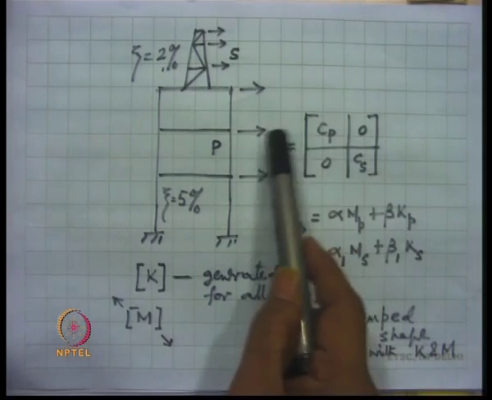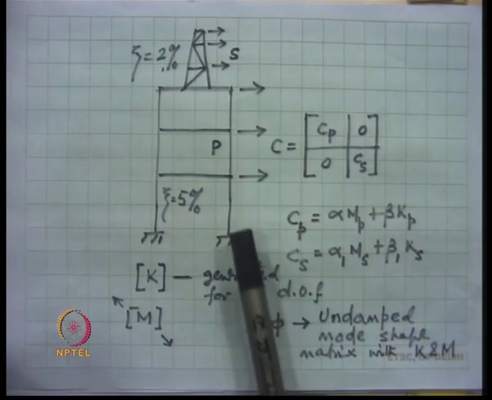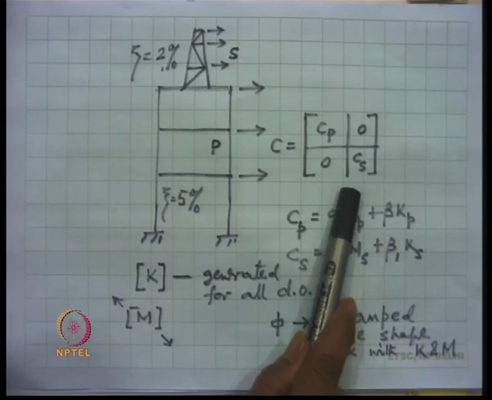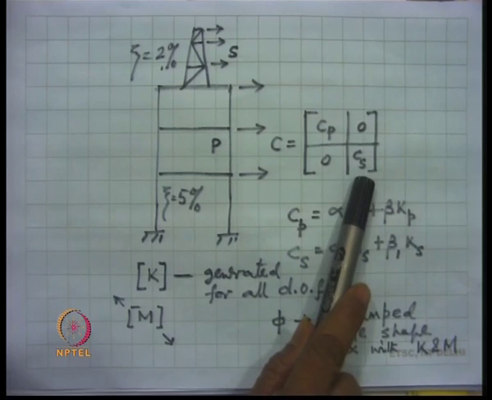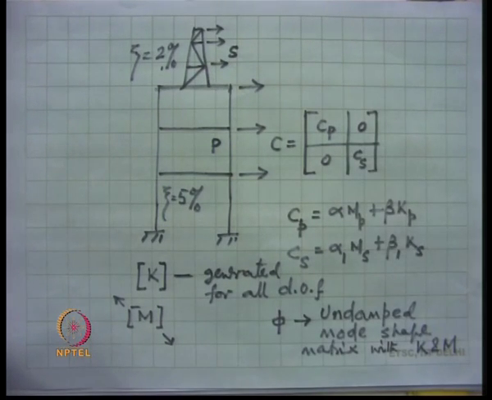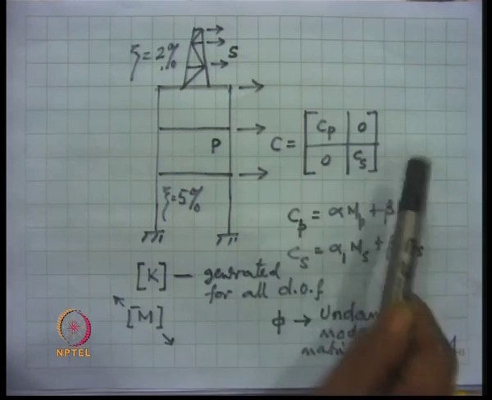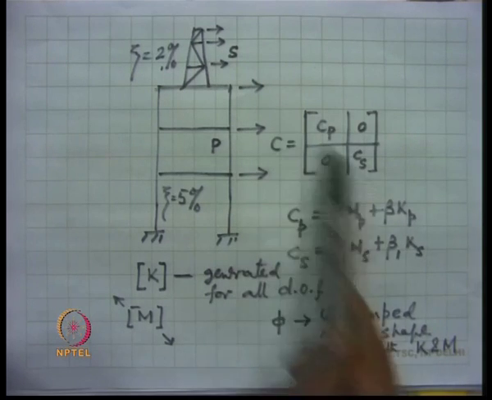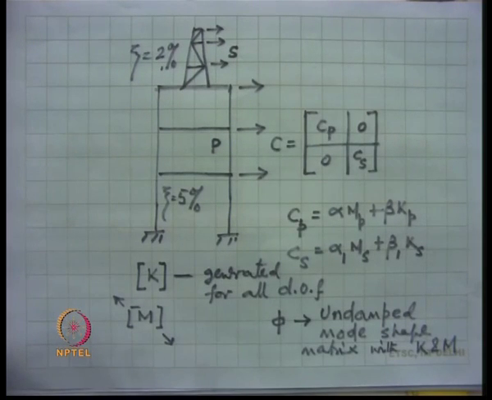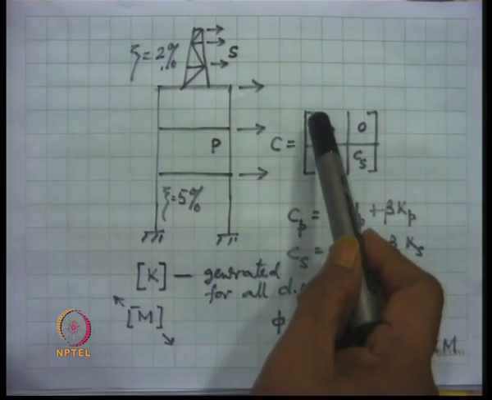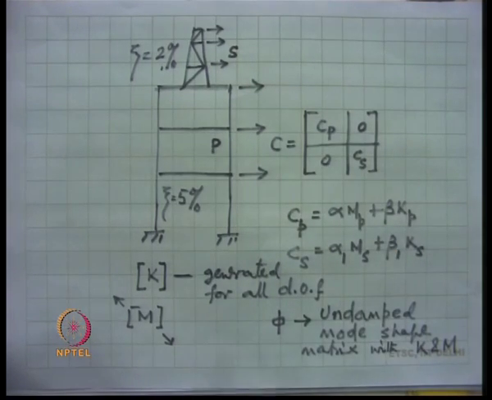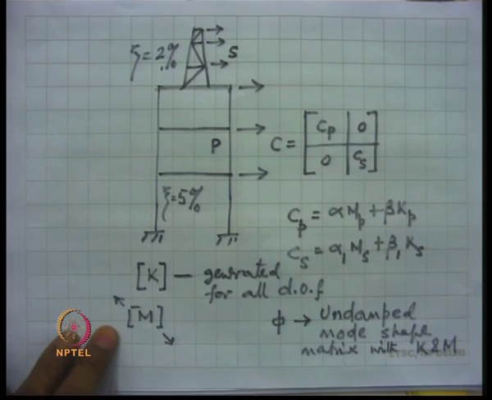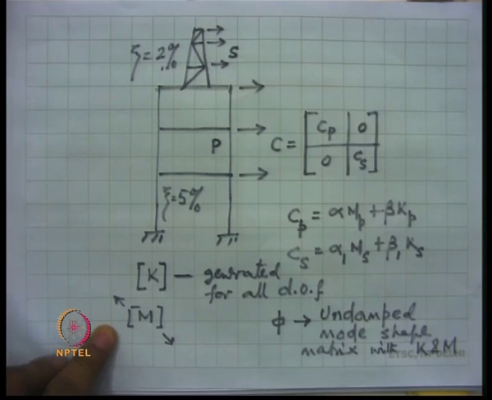Note that here the phi matrix will be of 6 by 6 size, this is also a 6 by 6 matrix, and since it is non-classically damped, phi transpose C phi will not be a diagonal matrix, there will be off-diagonal terms. By ignoring the off-diagonal terms, that is by diagonalizing the phi transpose C phi matrix, one can decouple the entire equation of motion, and from the diagonal terms of the damping matrix, one can obtain the modal damping ratios in each mode of vibration.